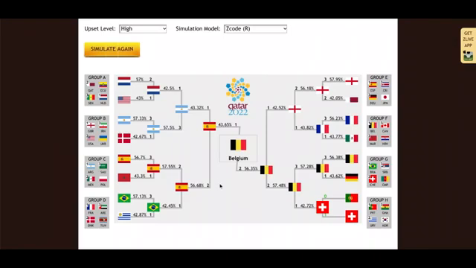Now, here's one of the things I like about this simulation on the high upset level: I actually like those 4 teams in the semifinals. But again, I personally like Argentina in the World Cup this year. Although Belgium, again, has been backed to win a major tournament in the last 6 to 9 years. They've not done it, even though they have a fantastic group of players.